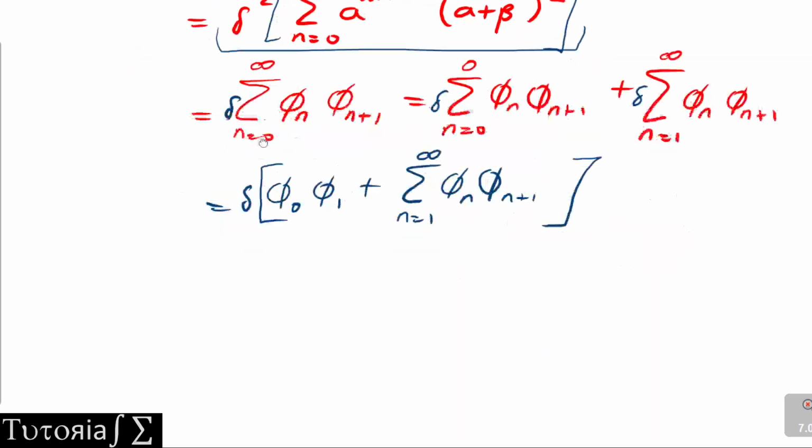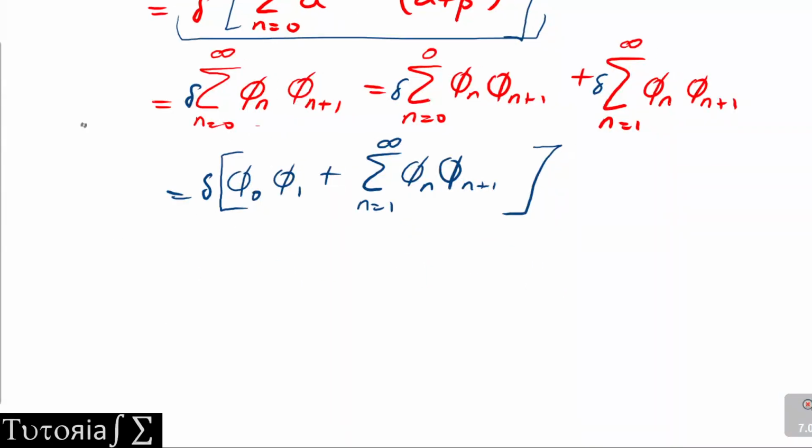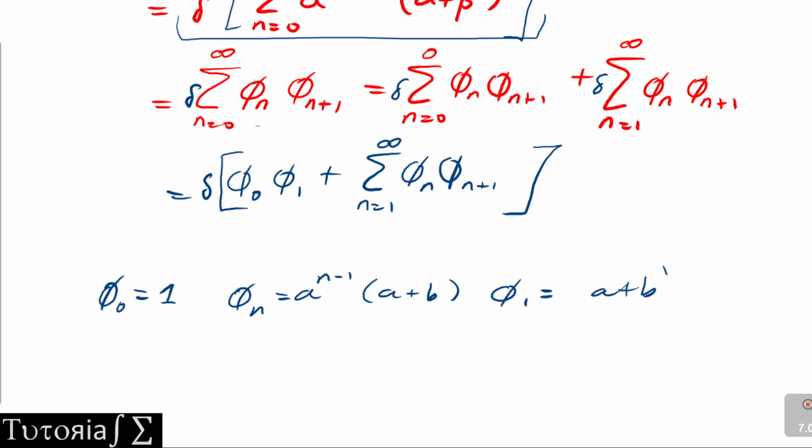So what we're going to have is, we know what phi 0 is. So phi 0 is equal to 1. And for phi n equals a to the power n minus 1 of a plus b, phi 1 will be equal to, this will be 1 minus 1, so it will just leave us with a plus b.